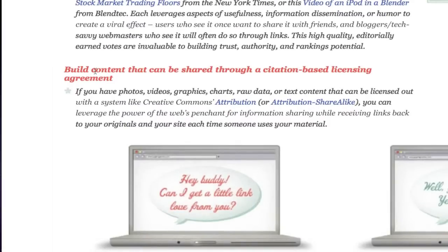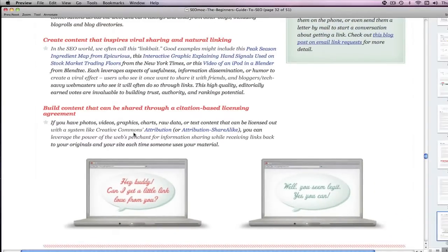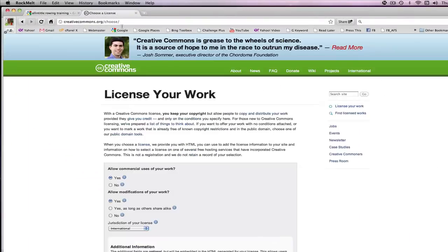And then another way is by building content that can be shared through a citation-based licensing agreement. In other words, put your product out there under copyright. There's an outfit called Creative Commons, which is, let's go find them, right here.